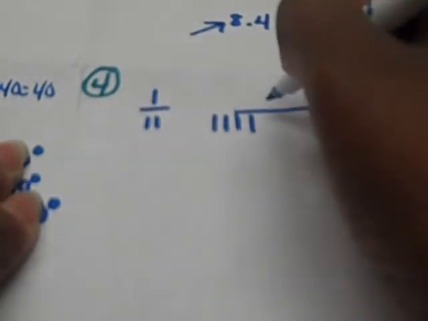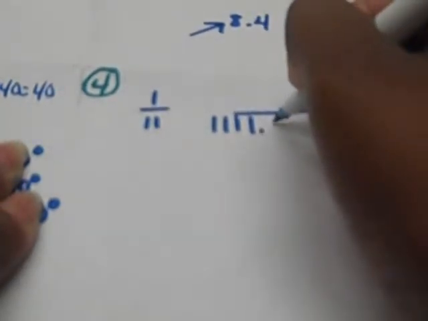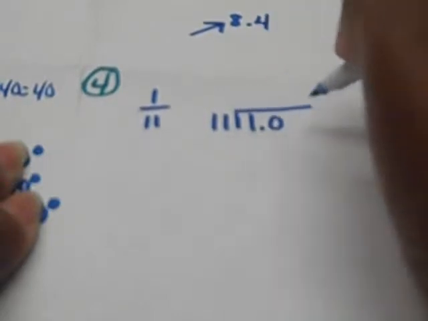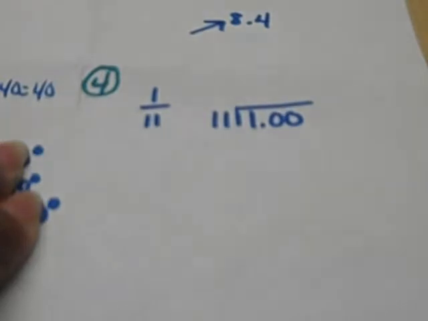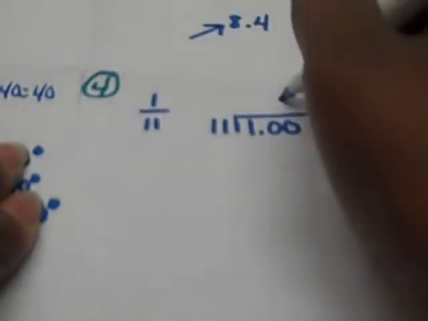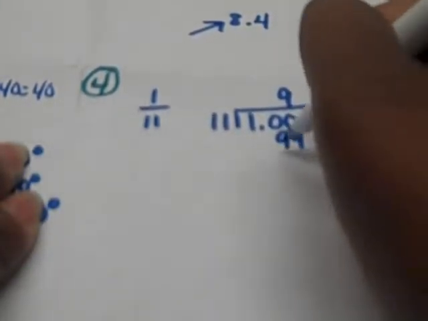Number 4. Use long division to write 1/11 as a decimal. So 11 divided into 1. We need to place a decimal there because we need additional places. 11 is not going to go into 1.0. It will go into 1.00. 9 times 11 is 99.